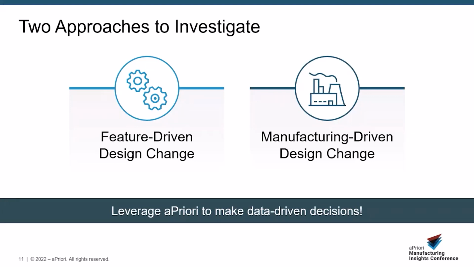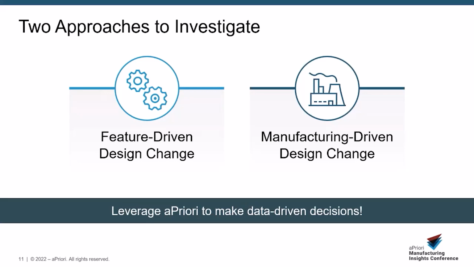Within Design-to-Cost and Design-to-Value, we can further consider two sub-approaches while making our design changes. We can make changes specifically to features on the design, or we can take a look from a manufacturing method perspective and likely design changes that are required as a result of changing our manufacturing method.